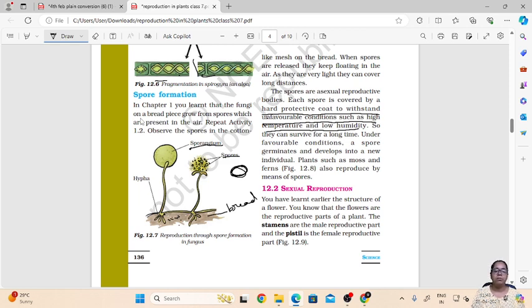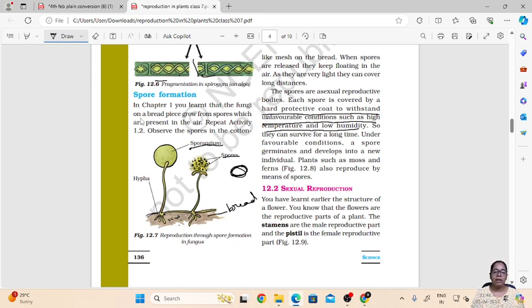Wherever they get favorable conditions and a favorable substratum, they will settle on that substratum and then germinate to form a new individual.